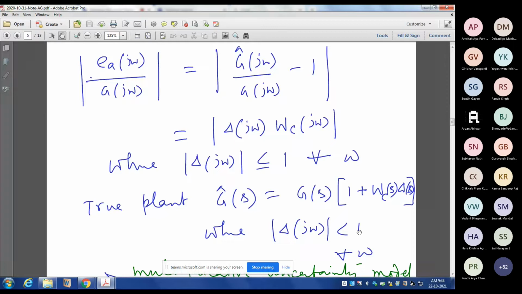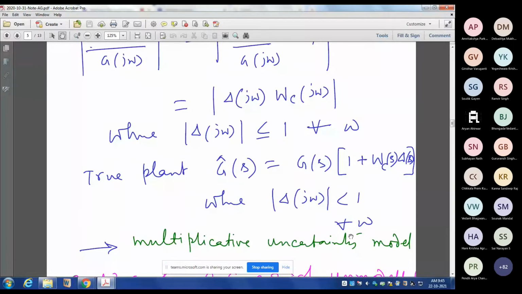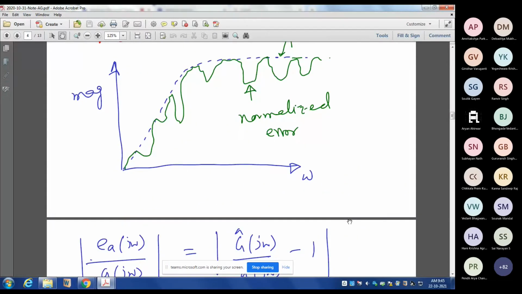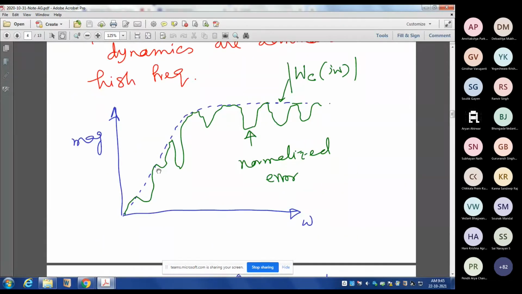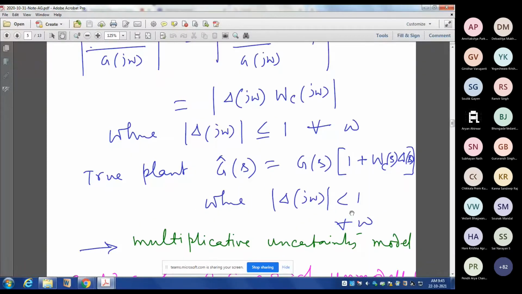So where delta j omega is less than 1 for all omega, because this normalized error plot should be just below WC. Here it should actually be less than 1, not less than or equal to.